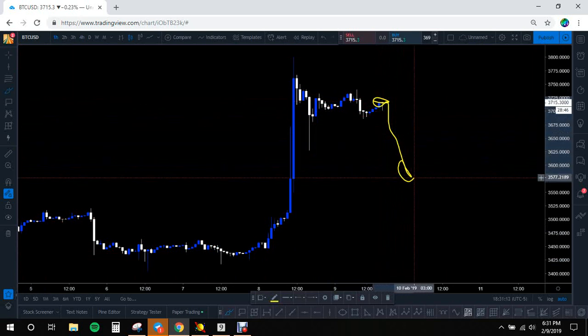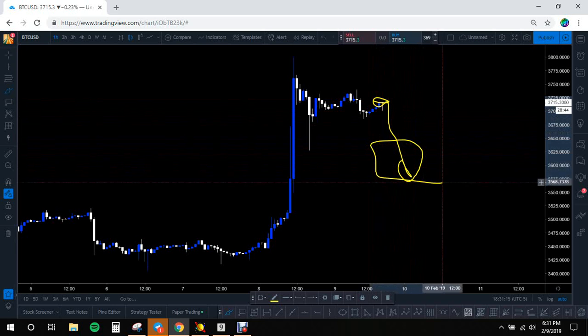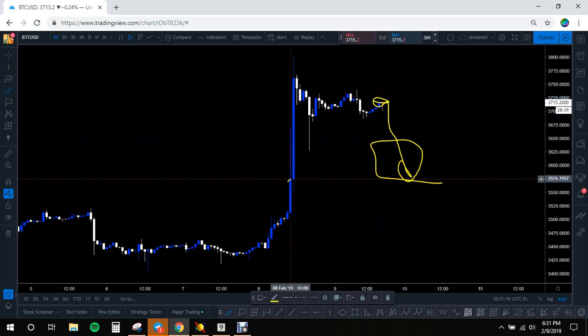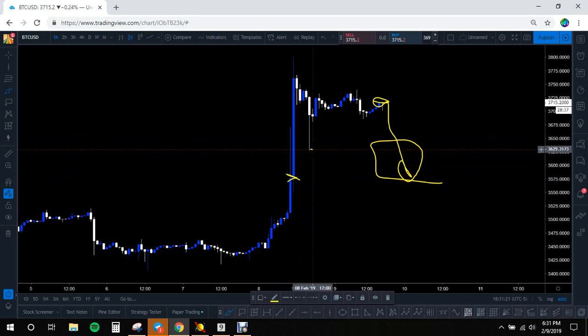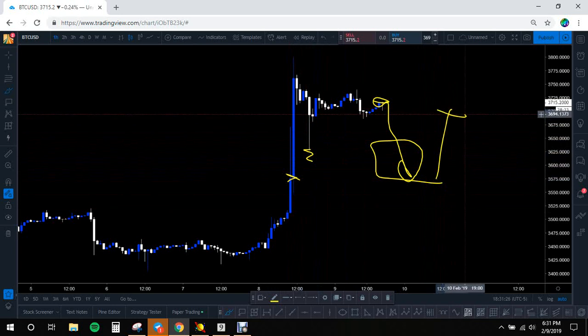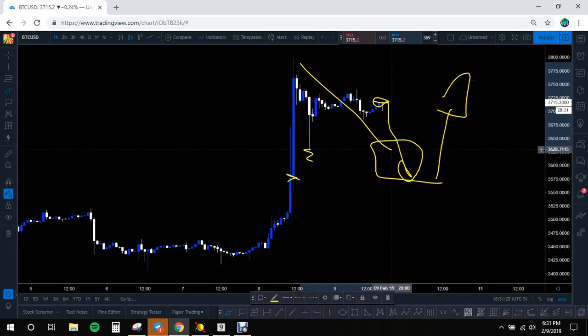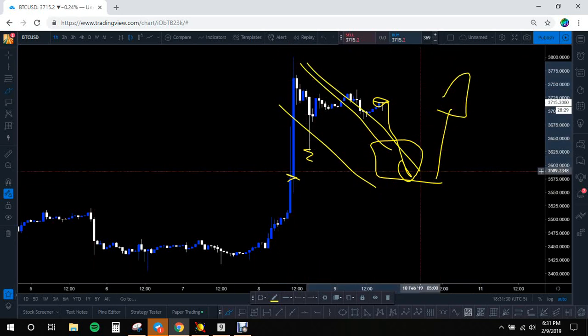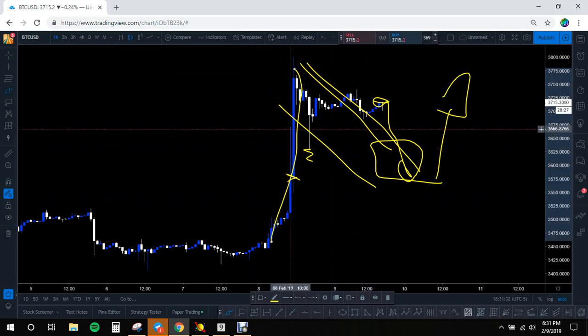Into the 35 area, somewhere in this range here, maybe even this midpoint here, and we should be getting a nice pop, which would just be a nice standard flag pattern, right? You got the flag in there.